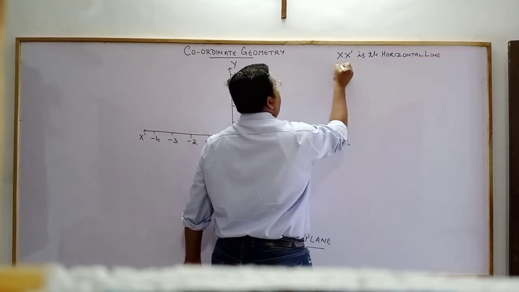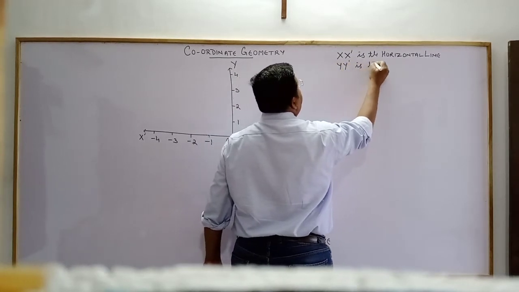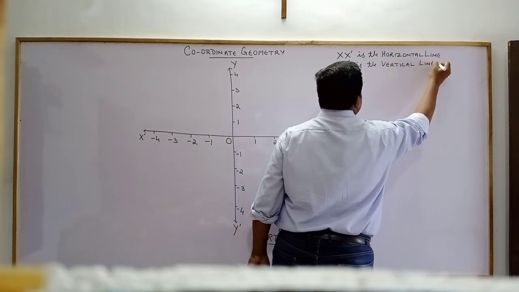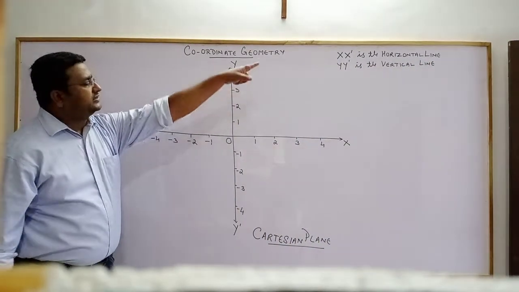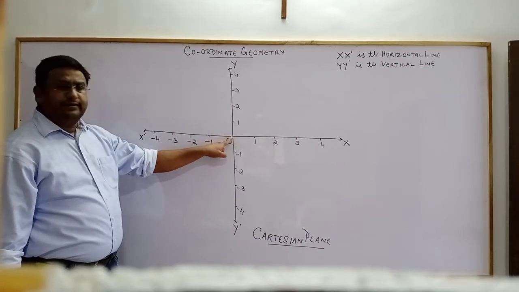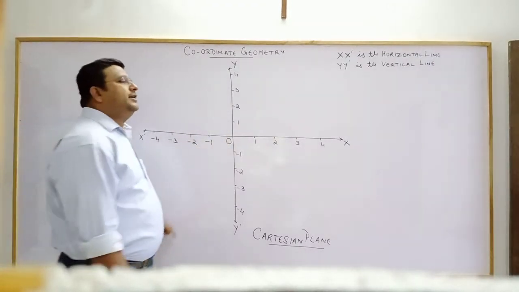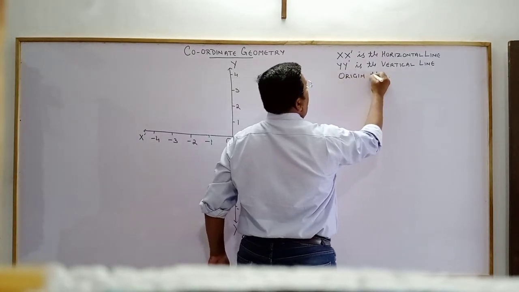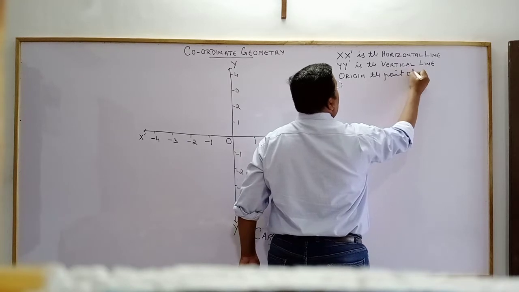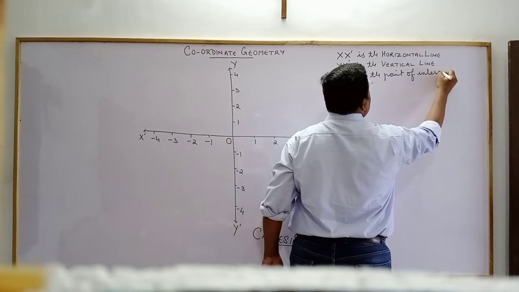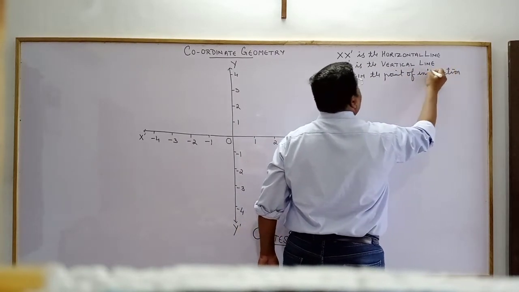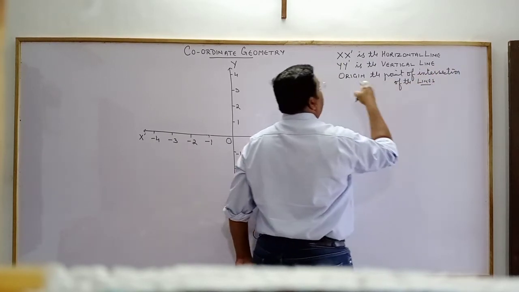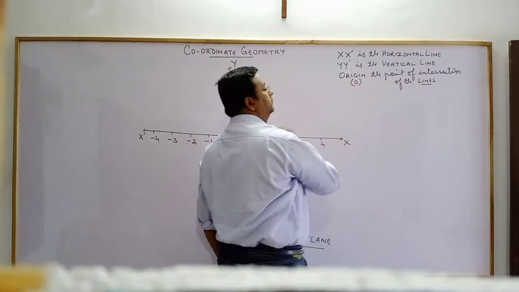Both these lines intersect at a point. That point is called the origin, the point of intersection of the lines, and the symbol of the origin is O.